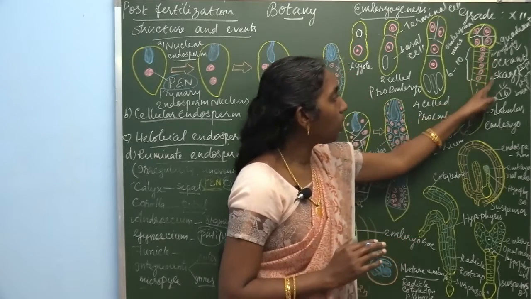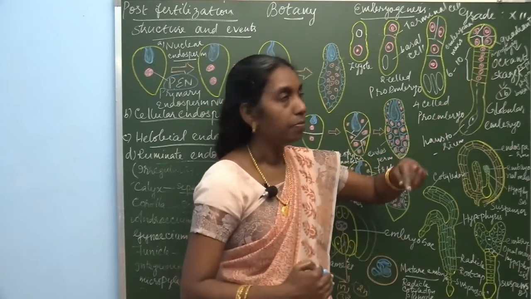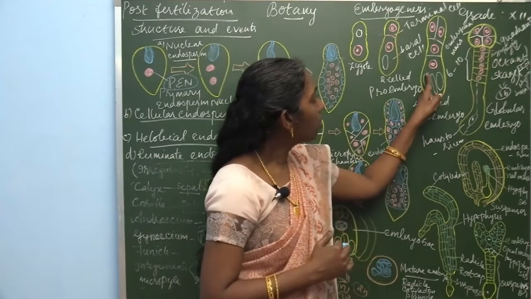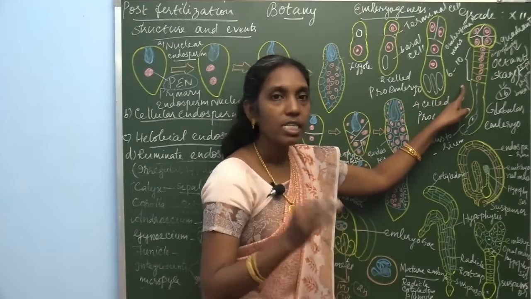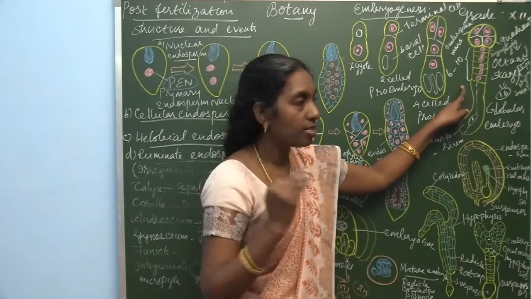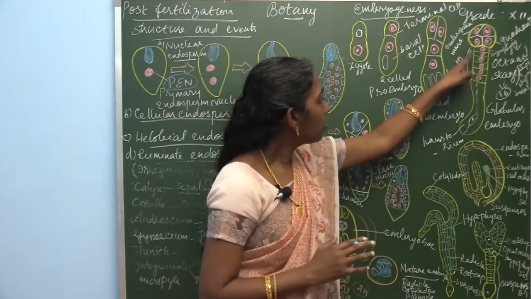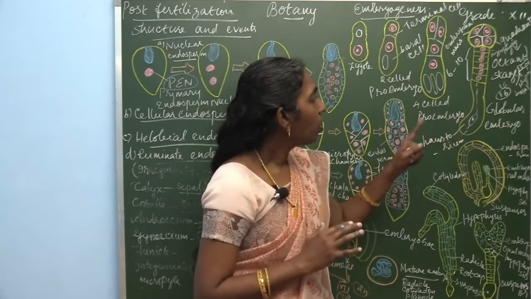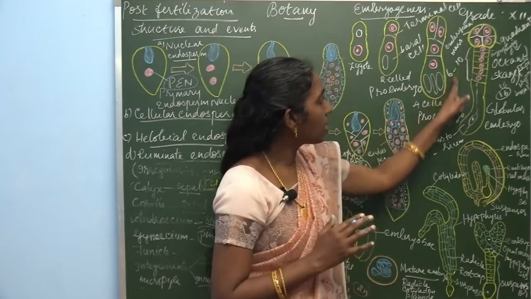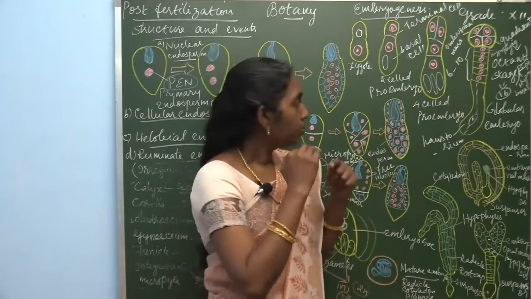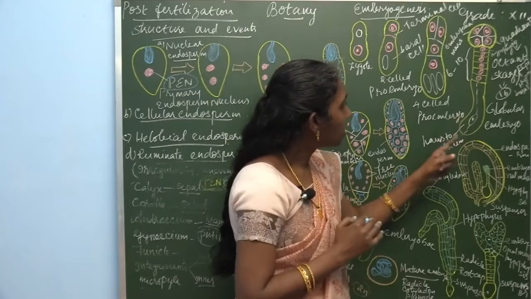The upper part is called the quadrant, but the basal cell undergoes division and forms 6 to 10 cells, and they are called the suspensor. So all these cells, the 6 to 10 cell stage, are the suspensor.